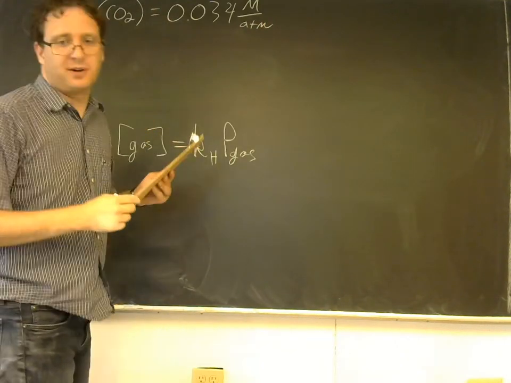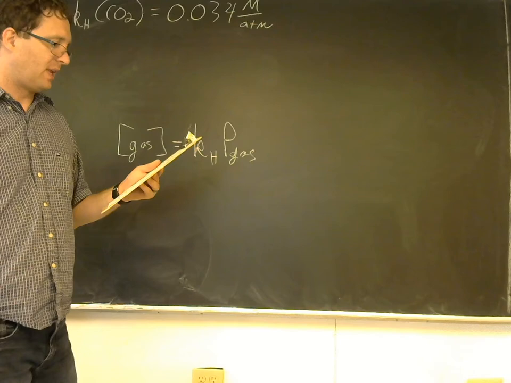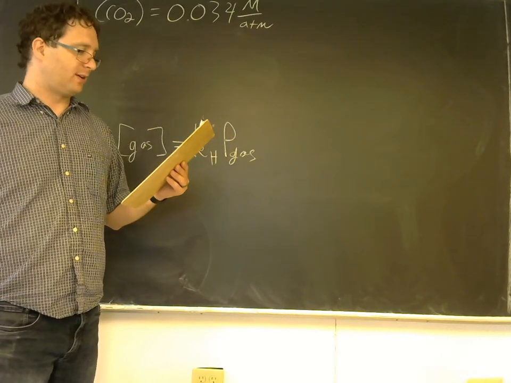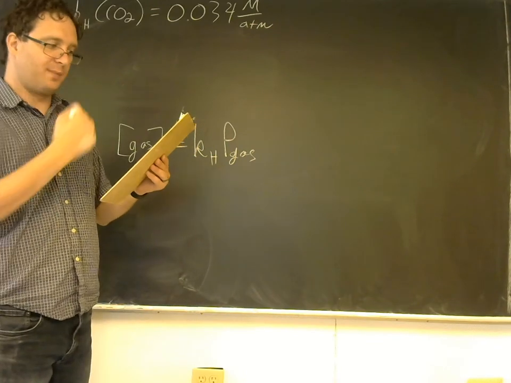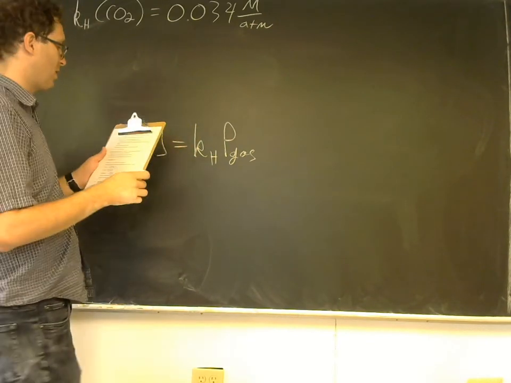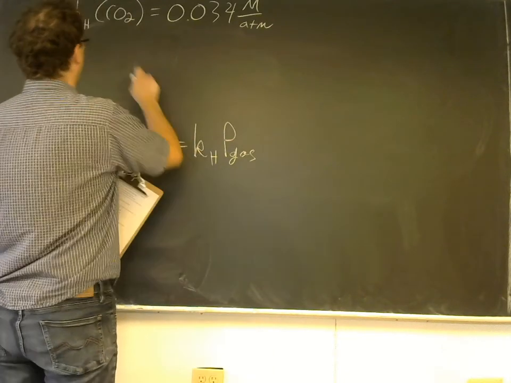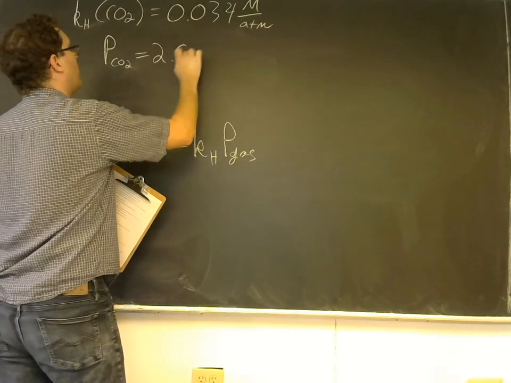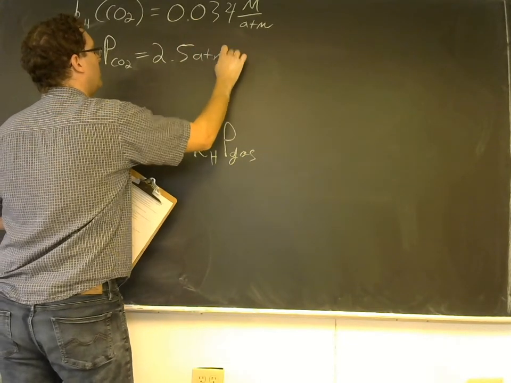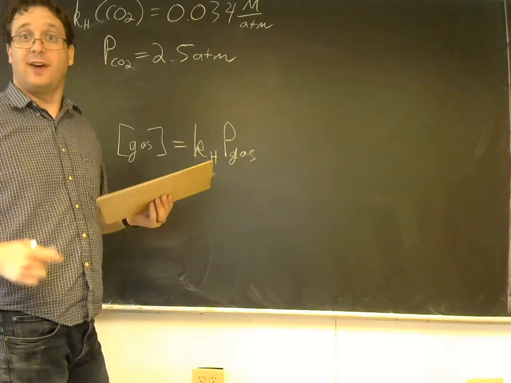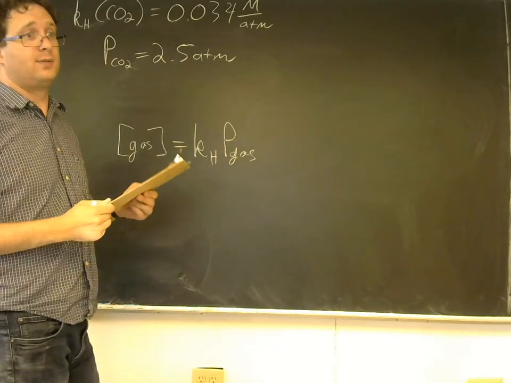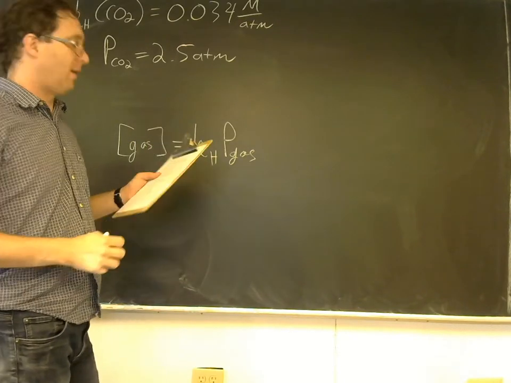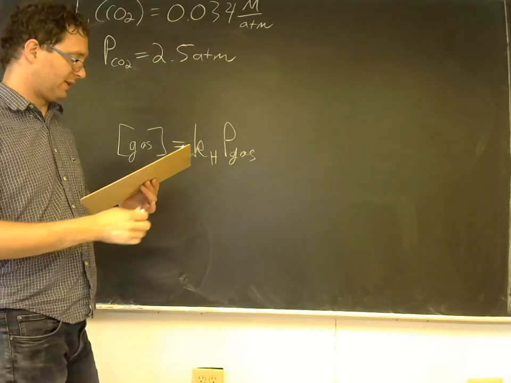And in the factory, when cans of soft drink are being manufactured, they are pressurized to a pressure of about 2.5 atmospheres. So the pressure of carbon dioxide is equal to 2.5 atmospheres in the factory where cans of, say, Coca-Cola are being sealed and before they're sent out to the store.